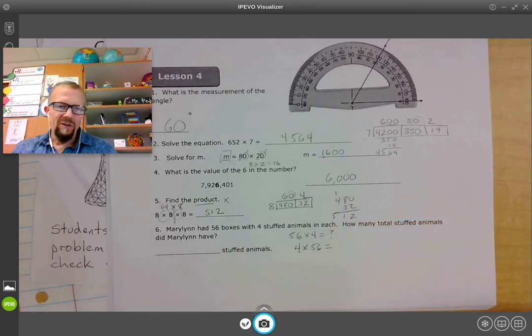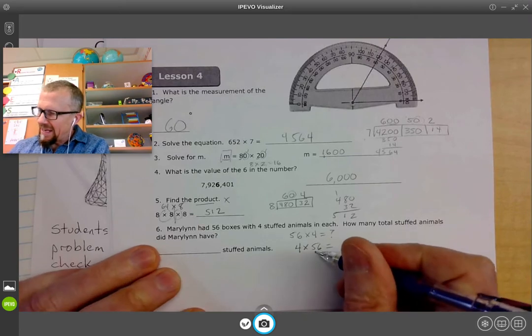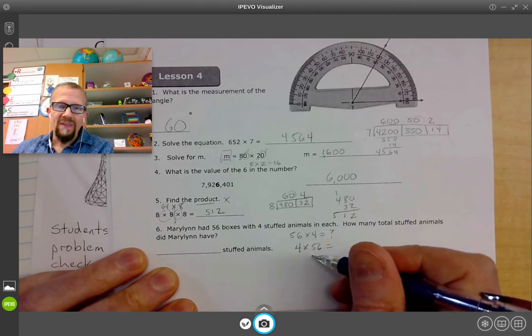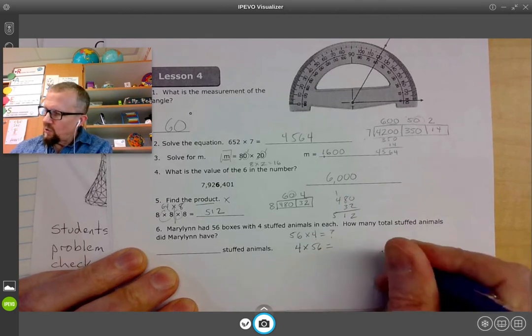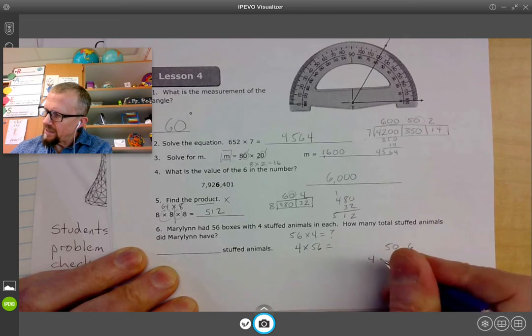And we know that we can switch multiplication problems back and forth. It's the commutative property. We get the same answer. So again, I could add 56 4s. That seems like a lot of 4s to write. I could add 4 56s, or I could break 56 into 50 and 6.